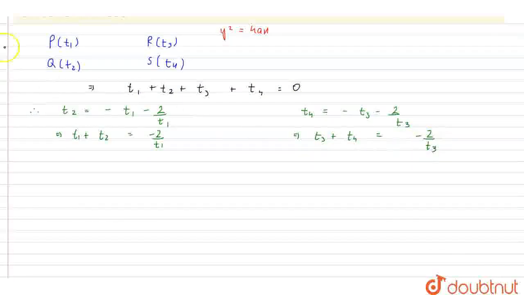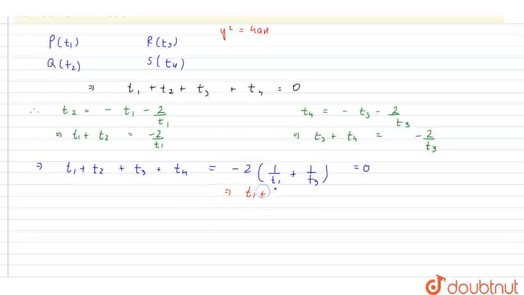Now if we sum both these equations, we'll get t1 plus t2 plus t3 plus t4 equals minus 2 into 1 upon t1 plus 1 upon t3, and we know that this is equal to 0. So from here we'll get t1 plus t3 divided by t1 t3 equals 0. So we get an equation that t1 plus t3 is equal to 0.